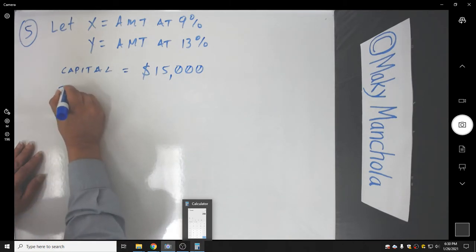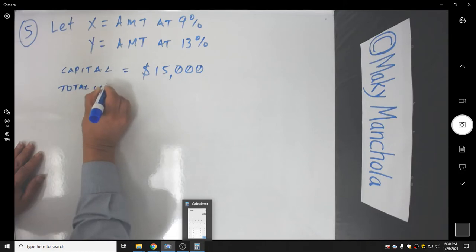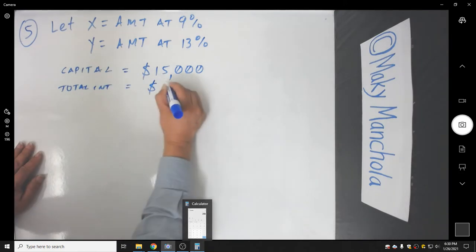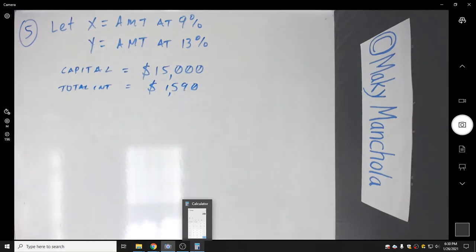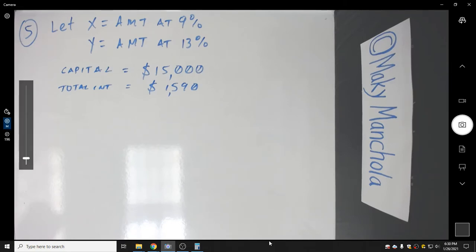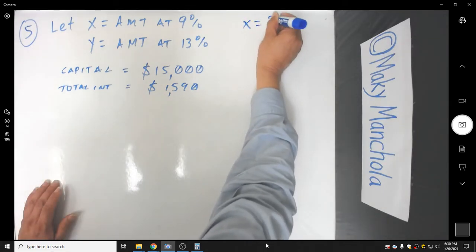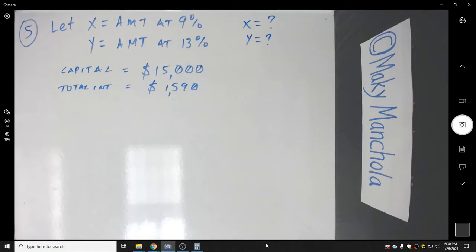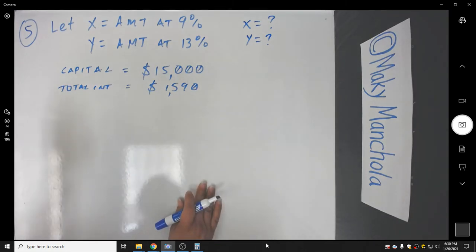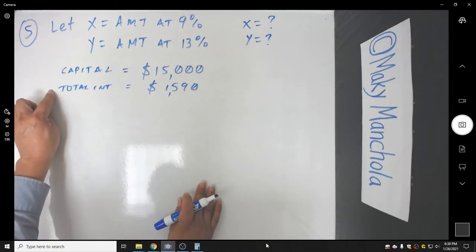So total interest is $1,590. Okay, so the question that's being asked is to find X and find Y. So find X, find Y.